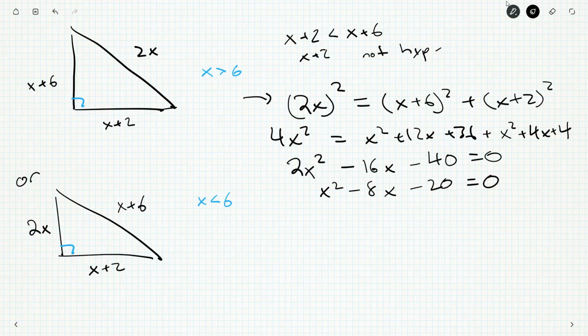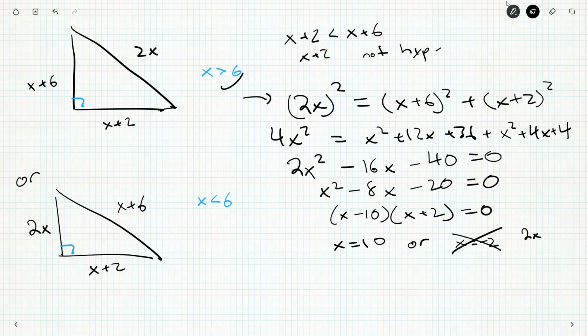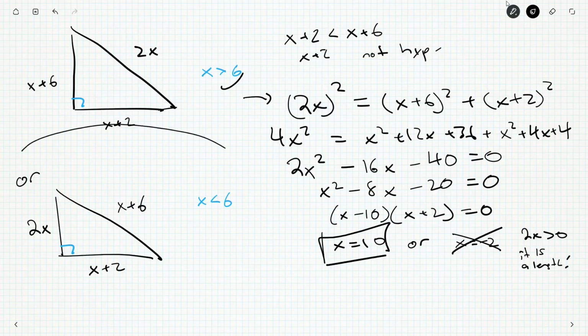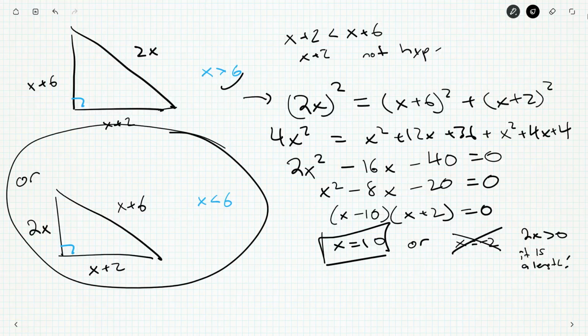Two numbers that add to negative 8 and multiply to negative 20: x minus 10, x plus 2. So x is either 10, well that is bigger than 6, so that makes sense, or x is negative 2, which is ridiculous. 2x must be greater than 0. It is a length. So x could be 10, or then there's this other possibility. Okay, so we have to deal with that.